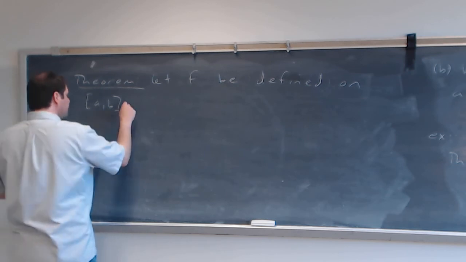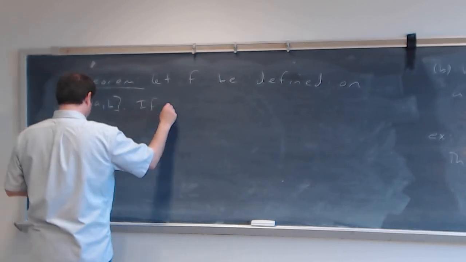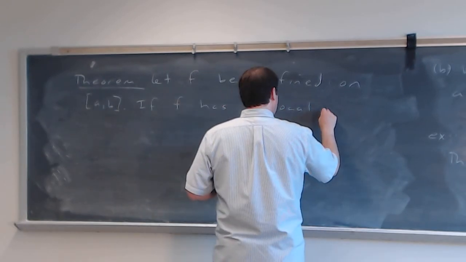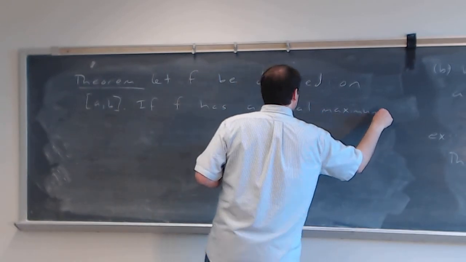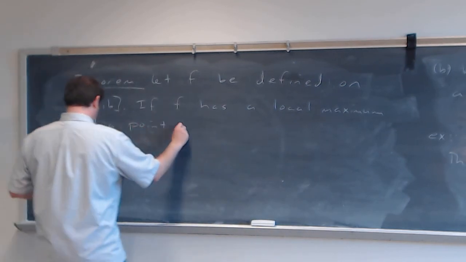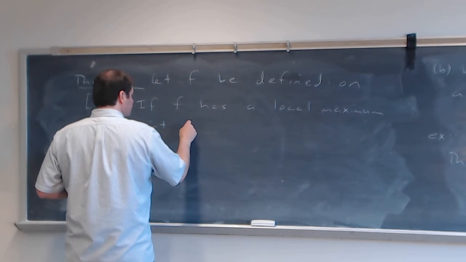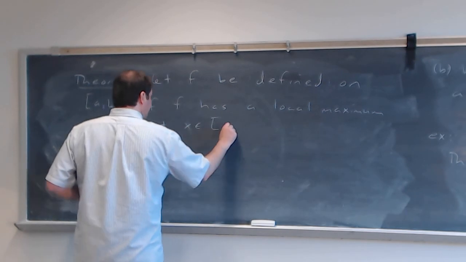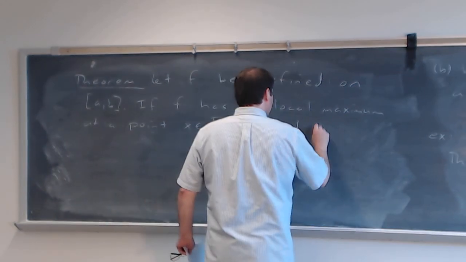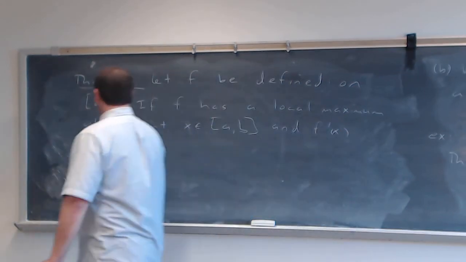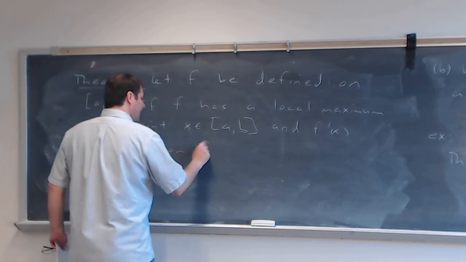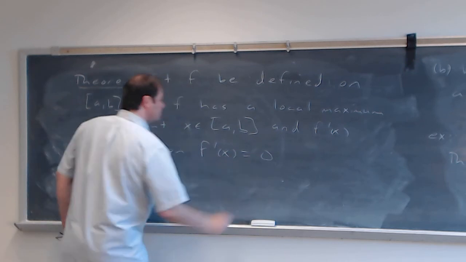If f has a local maximum at a point x, element of (a, b), and f prime of x exists, then f prime of x has to be equal to 0.